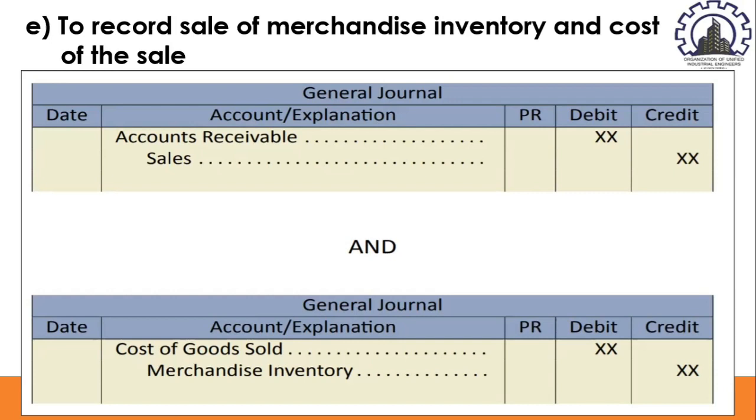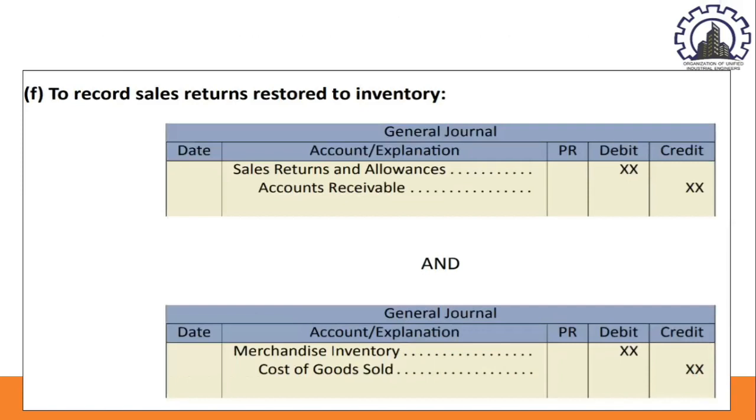And letter F, to record sales returns restored to inventory. There are two ways. First, you debit sales returns and allowances, and then you credit accounts receivable, or merchandise inventory being debited and cost of goods sold being credited.